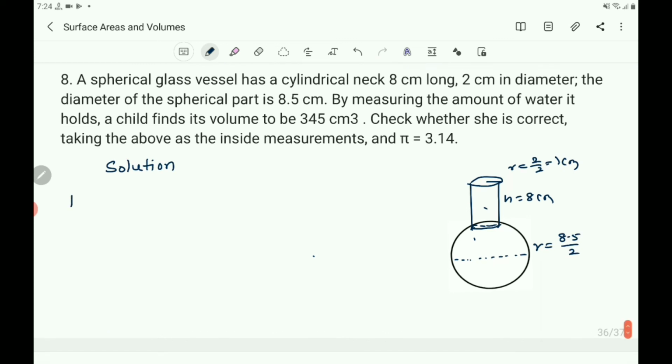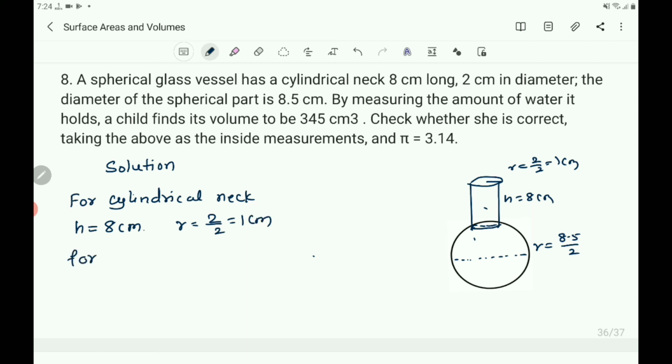Now you write for the cylindrical neck. For cylindrical neck, h equals 8 cm and r equals 1 cm. That is, you can write 2 by 2, that equals 1 cm.